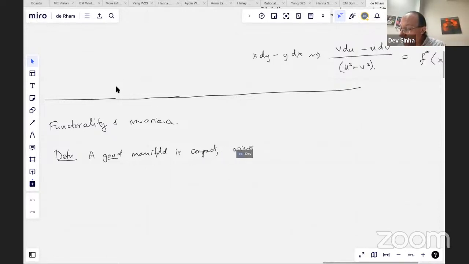Oriented, so no Klein bottles or Mobius strips. Connected, so just one piece. Let's just say with no boundary. So that's what I'm going to mean by a good manifold. Usually, for some reason, we don't have a good single word for this kind of thing. So I'm just using the word good.